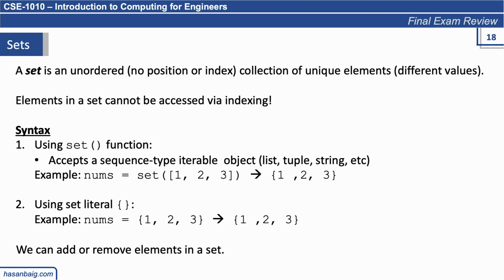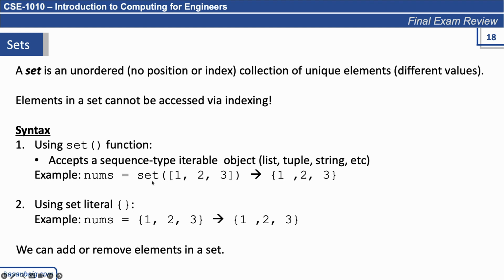For example, if you start creating a set and insert elements 1, 2, 3, and then you insert an element 4, it might be placed at the beginning or at the middle or at the end. It's a random placement.